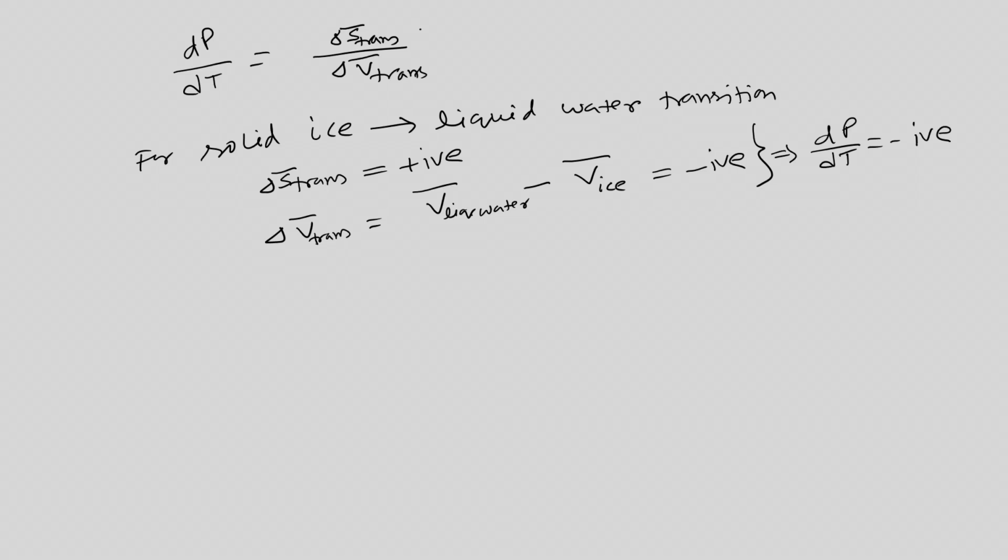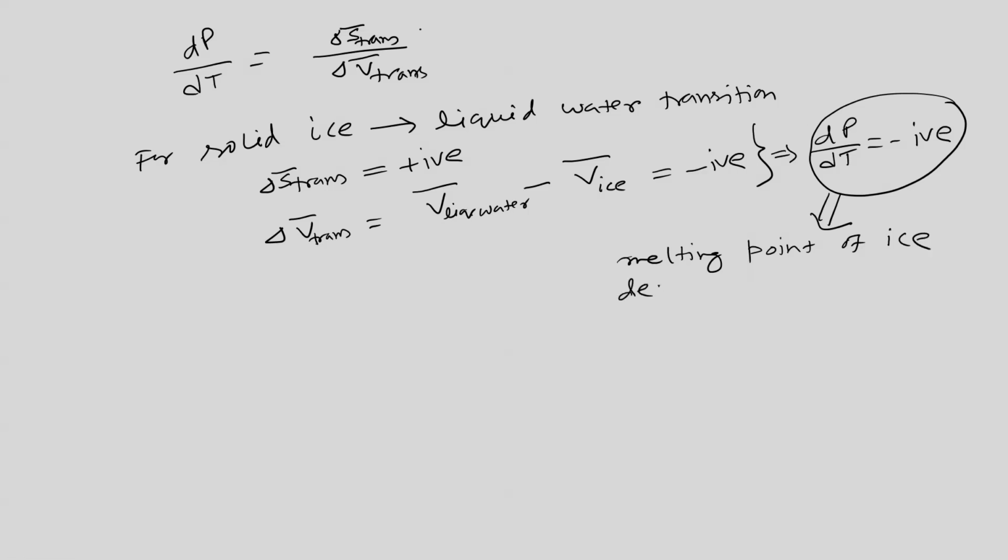And it further implies that the melting point of ice decreases with increasing pressure, right. So, the melting point of ice decreases with increasing pressure, it says.